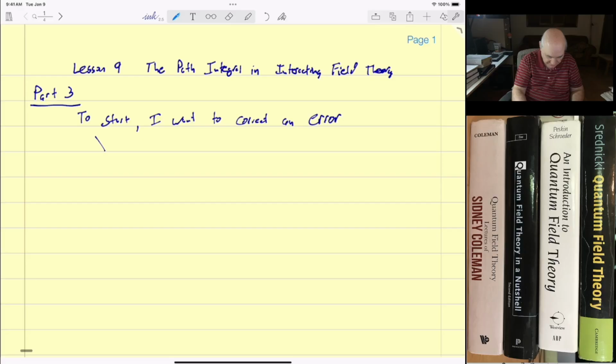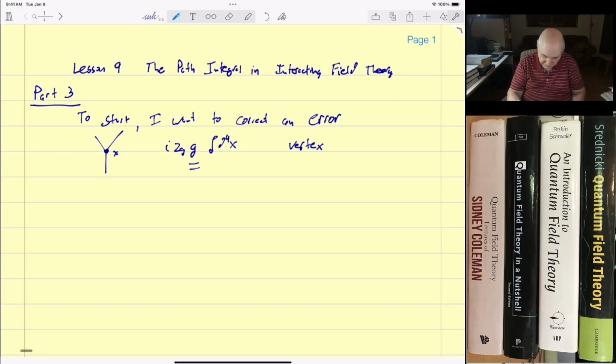I wrote this for the interaction term as I wrote i Z_g the integral d4x for the vertex, and I left out the factor of g. So I left that out, and this is the correct vertex.